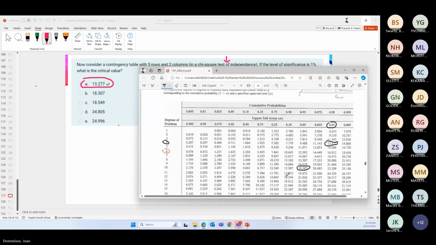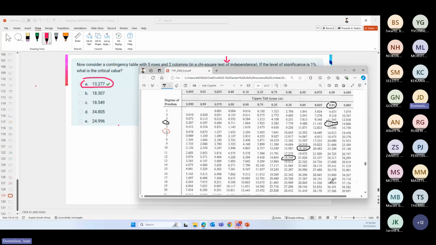There's the 18.549. Okay, so I don't know how you got there with degrees of freedom 12. So again, then 34.805. So if you said on the previous question 6 times 3 for your degrees of freedom, and then 24.996. So let's quickly see.